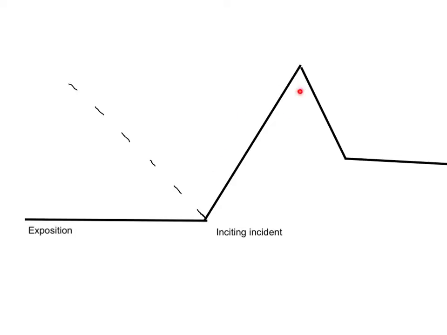This line going up is the complication. At the very top, we have the climax.